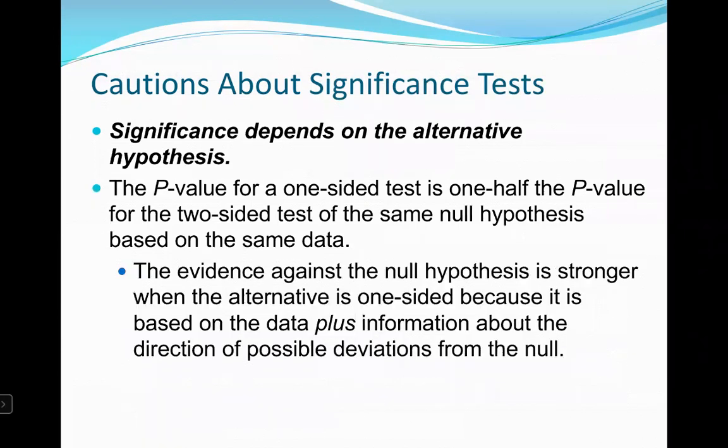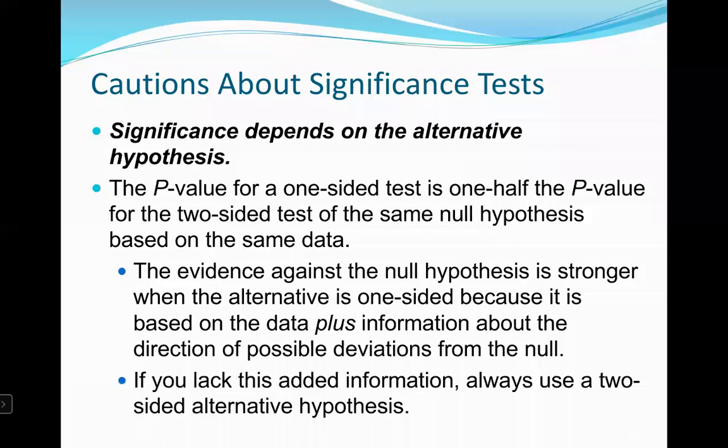The evidence against the null hypothesis is stronger when the alternative is one-sided because it is based on the data plus information about the direction of possible deviations from the null. If you lack this added information, always use a two-sided alternative hypothesis.